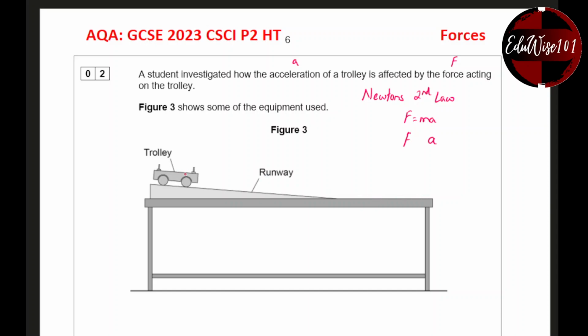So you would want to apply a force on the trolley by attaching a hanging mass on the side over here. So for that you would need a pulley and then attach a thread and then attach a hanging mass over here, right?